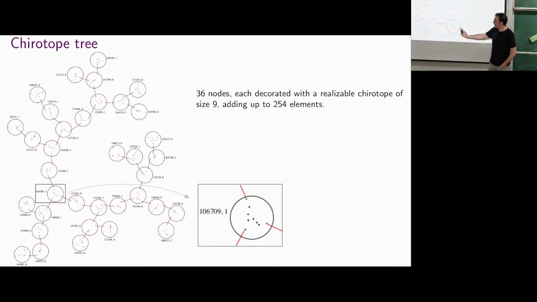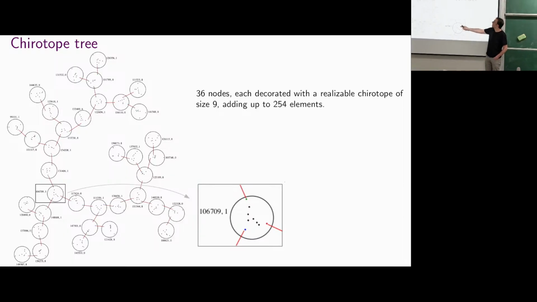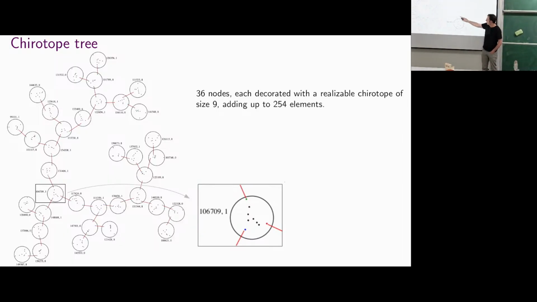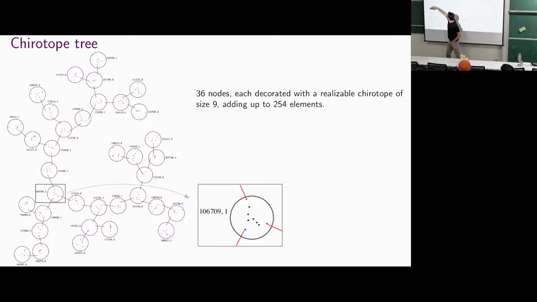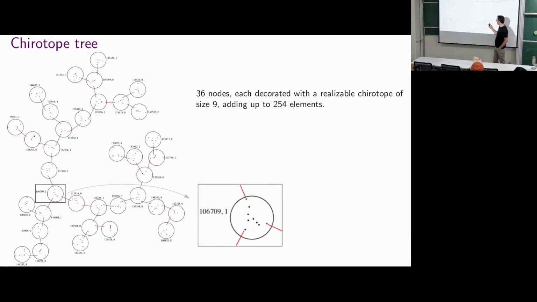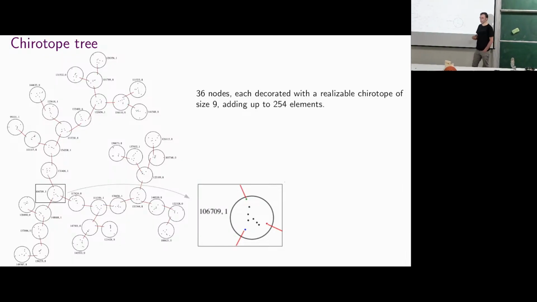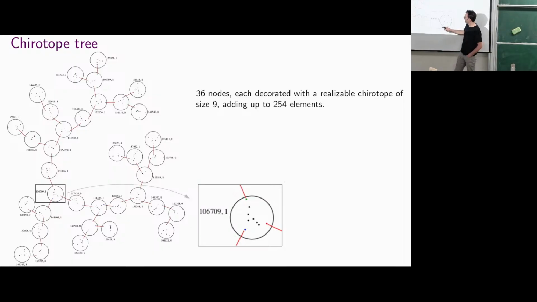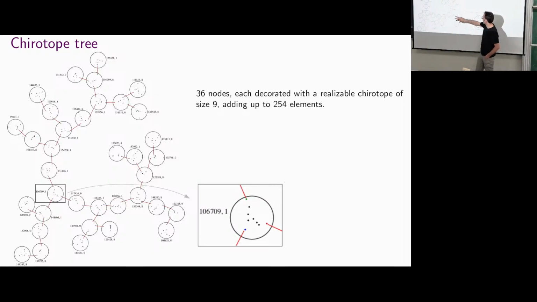So here, in each node, you get black points that correspond to actual points of these 254. And the green here is a substitute for any of the black points in that subtree. All the black points in that subtree, seen from this point, look like the green one. And same the blue for the other subtree and the red for that subtree.